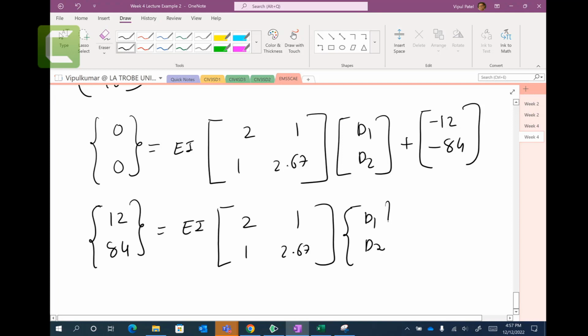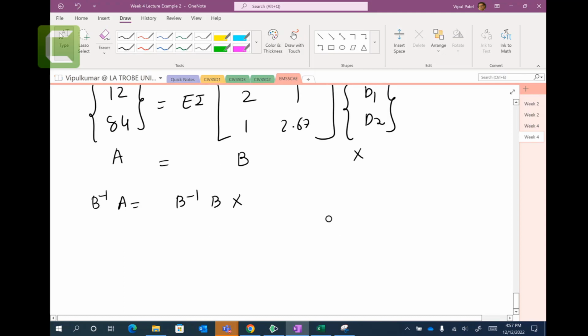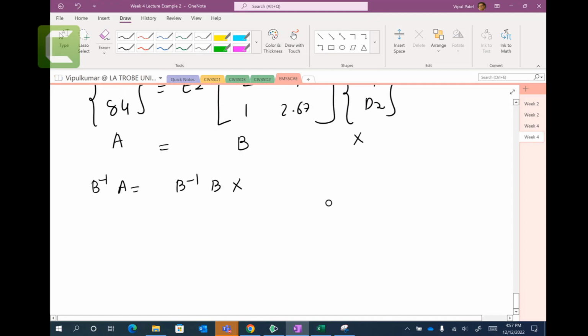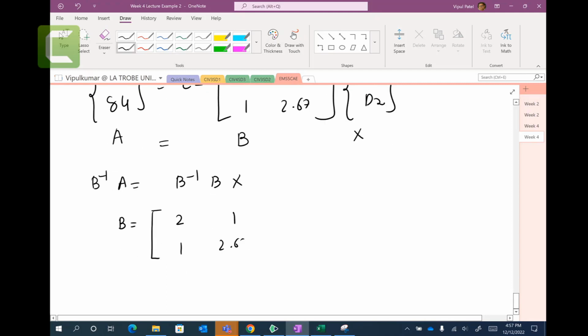Right. So again, let's say AB equal to X. If I want to find this X, I can put B inverse A, B inverse B X, and that becomes 1. So I need to calculate this B inverse. I think a 2 by 2 matrix by hand is possible. Okay, let me show you. B equal to 2, 1, 1, 2.67.